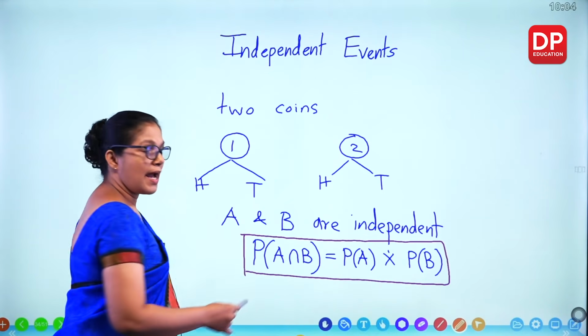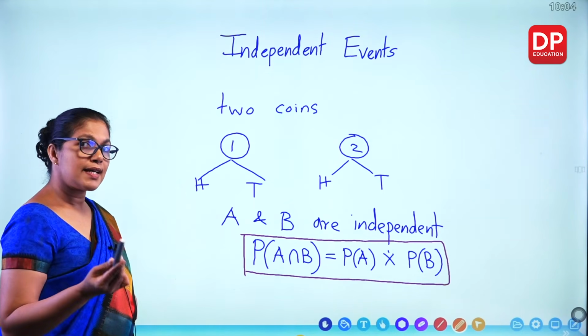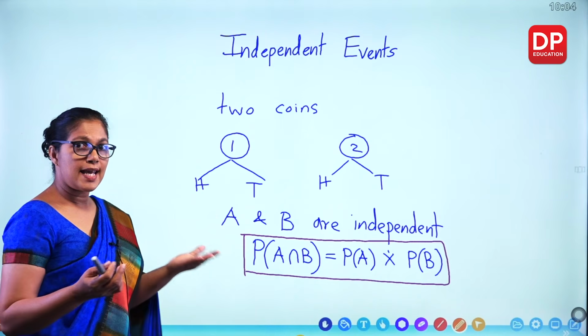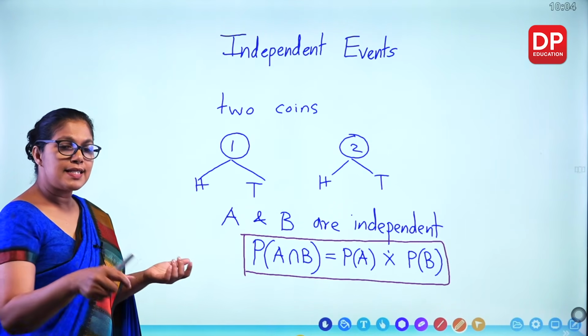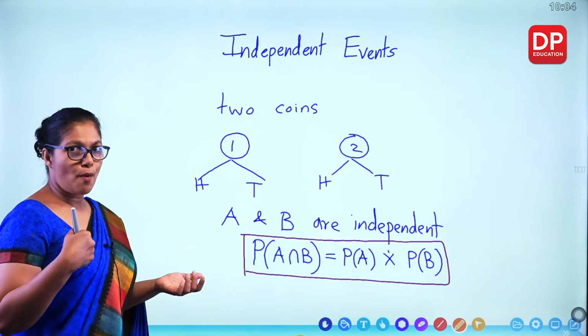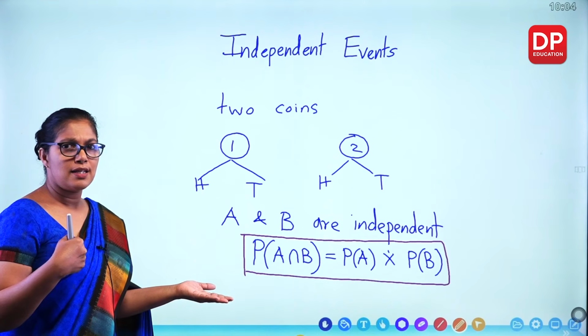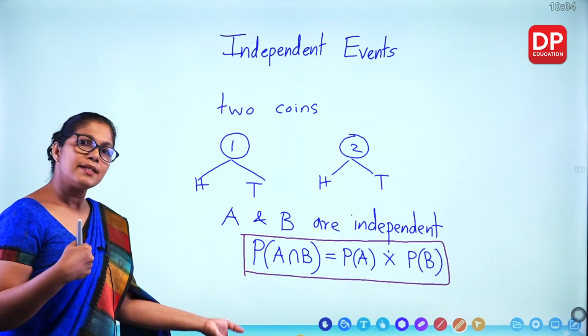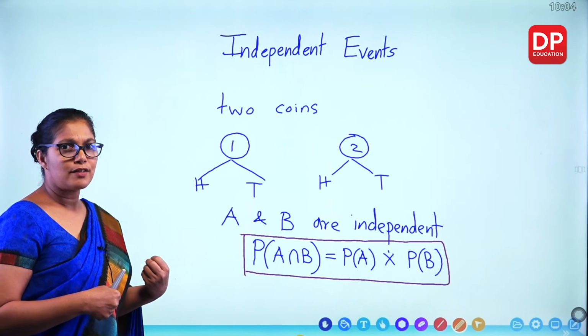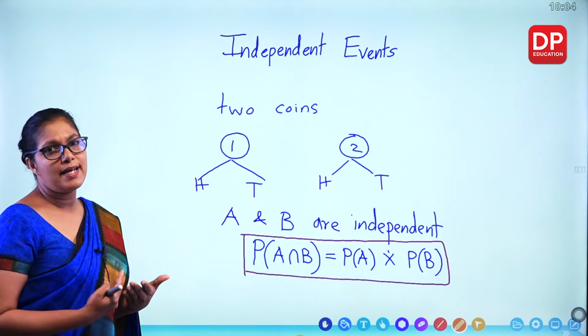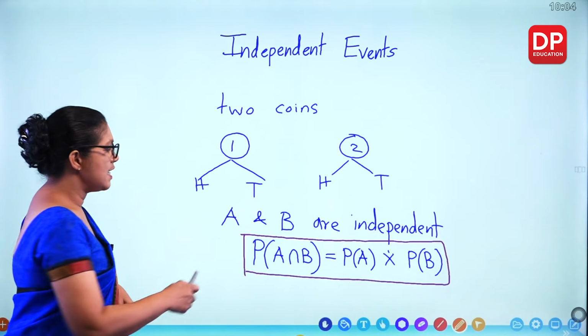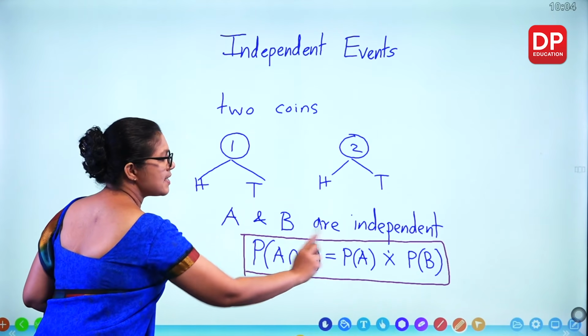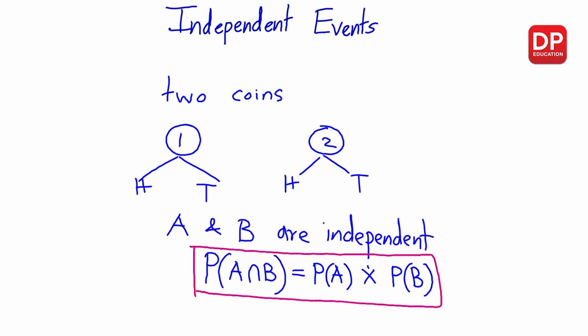You can apply this formula. Another example, if you take 2 bags, taking beads from one bag is not affected by taking beads from the second bag. So those are independent events. When you see an independent case, straight away you can apply this formula.